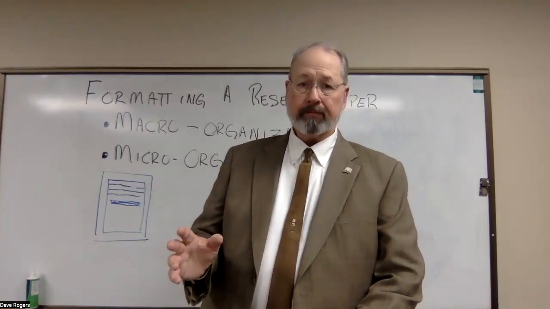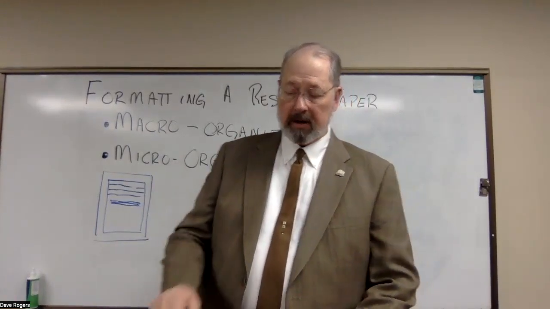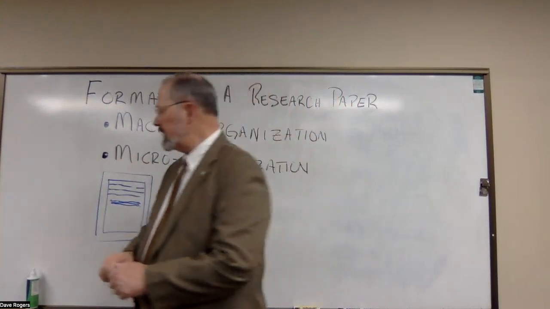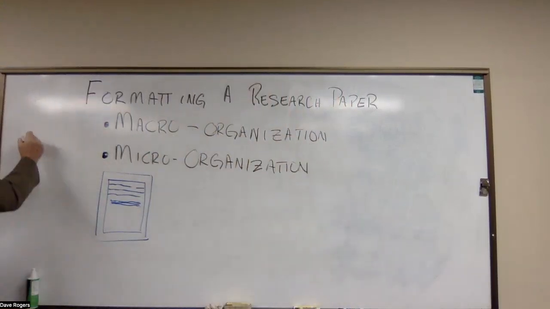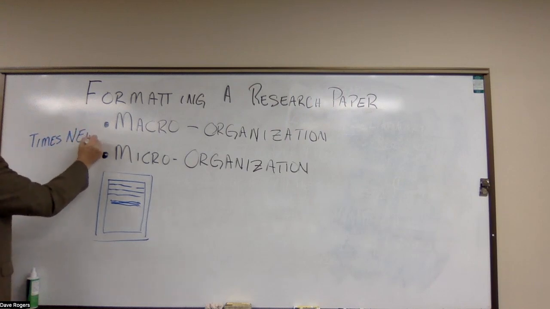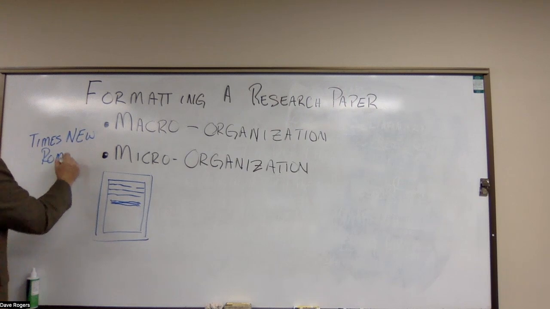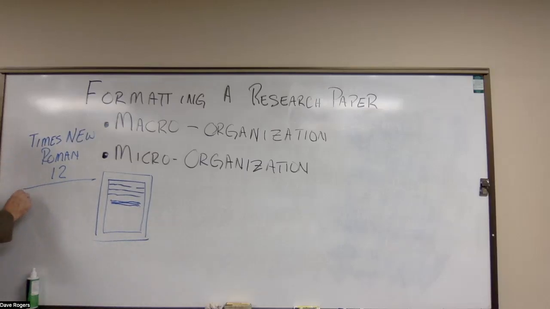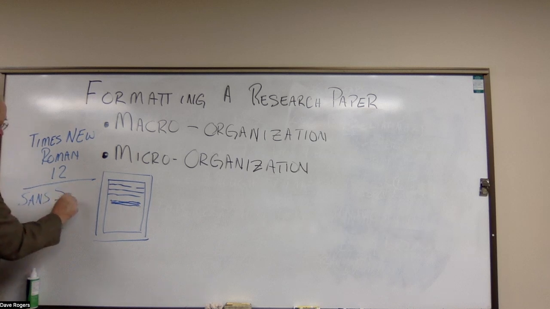Now, typically, that's going to be either Times New Roman, 12 point, or it will be Arial or sans serif or Helvetica, one of those very blocky typefaces, 12 point.